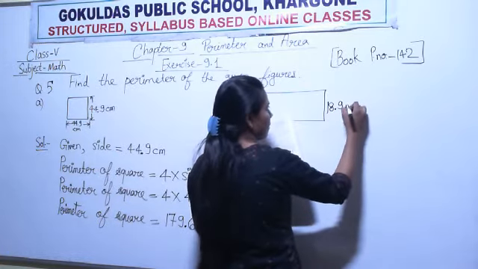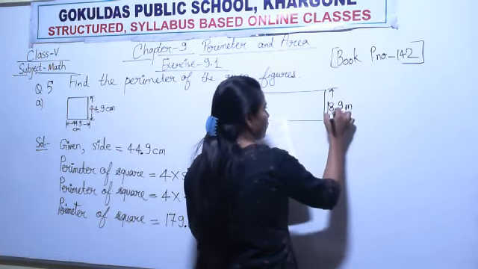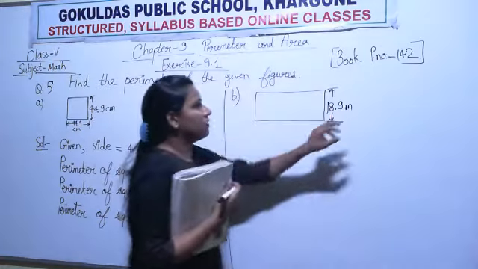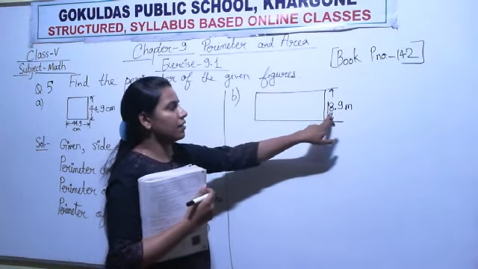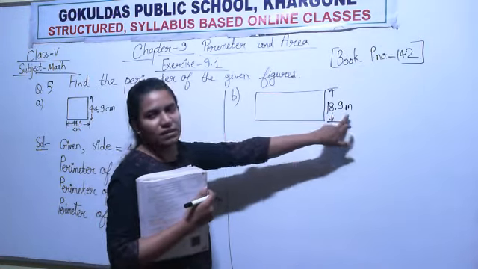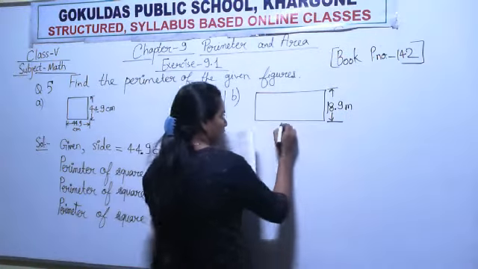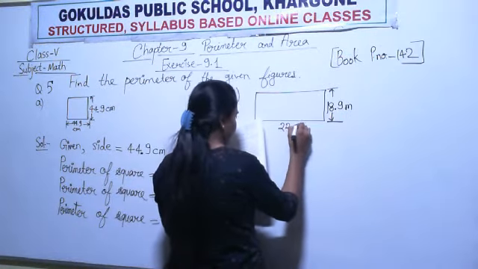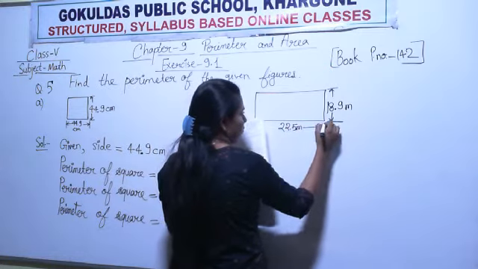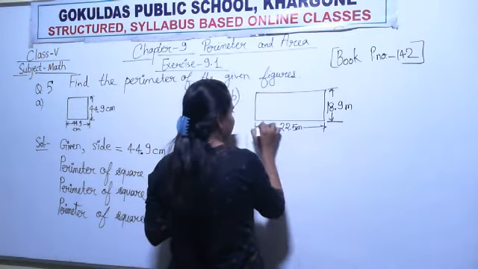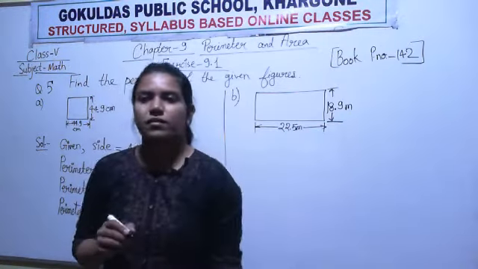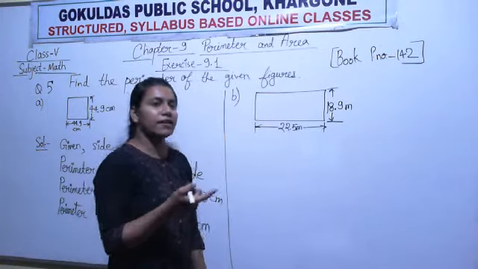Rectangular shape is there in which one side, the length, is 18.9 meter and width is 22.5 meter, right? So first of all we will write the given data.